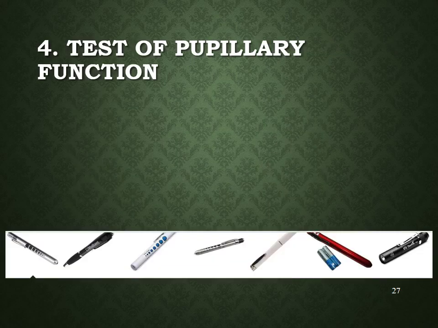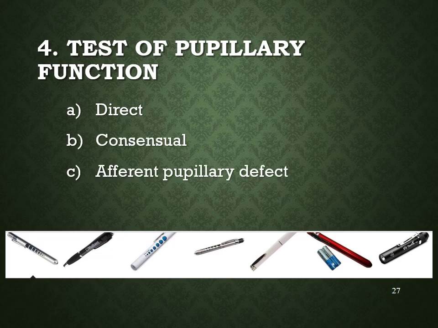Test of pupillary function. This test is to assess the afferent and efferent neurological pathway responsible for pupillary function. This test can be direct, consensual, afferent pupillary defect test, and also at near position.